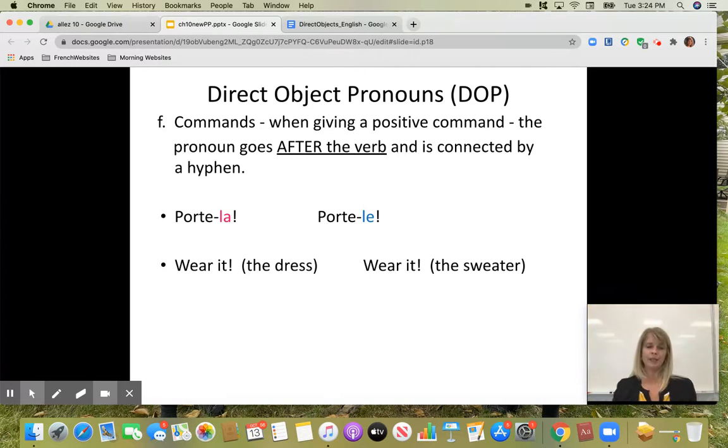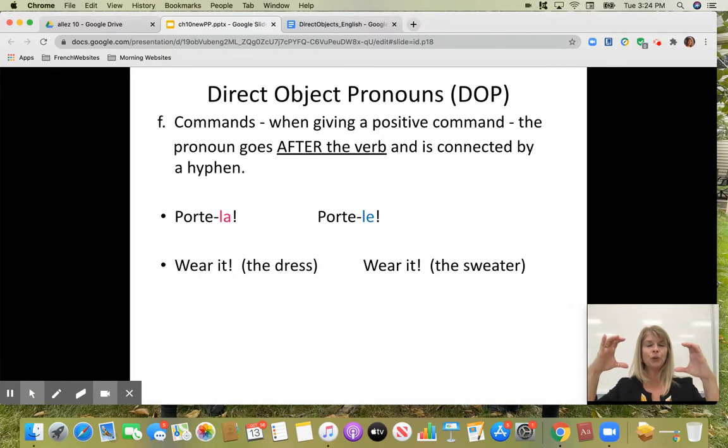So, for example, the first one is: Tu ne cherches pas le jean bleu. You're not looking for the blue jeans. You're not looking for what? The blue jeans. Put parentheses around the blue jeans.